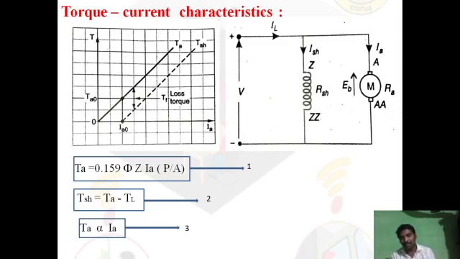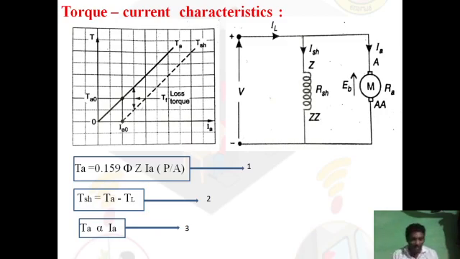That means there will be a movement of the armature axially. Like this, the torque is produced. The torque produced at the armature is Ta, and the current is the armature current Ia, the current drawn from the supply by the armature conductors.